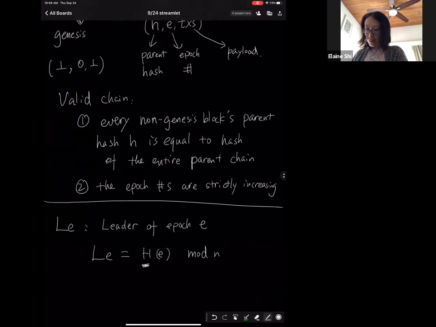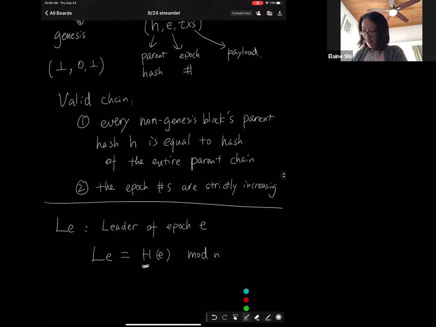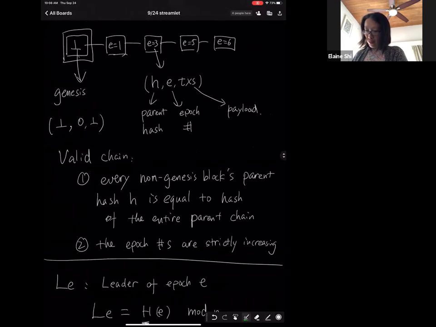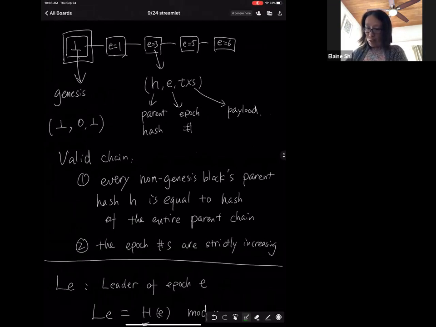Also, by the way, here we are hashing the entire chain together using a cryptographic hash, and we are going to assume that this hash doesn't have collisions. For a hash function, collisions do exist, so the more precise way to state it is that a polynomially bounded adversary cannot find collisions.